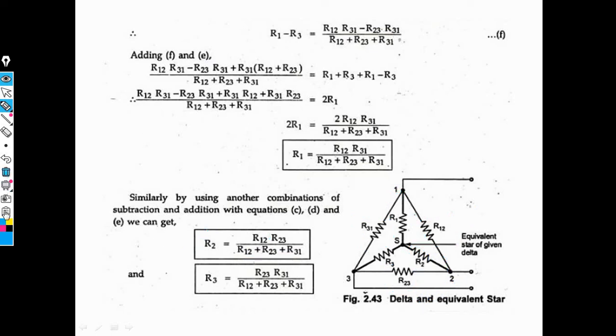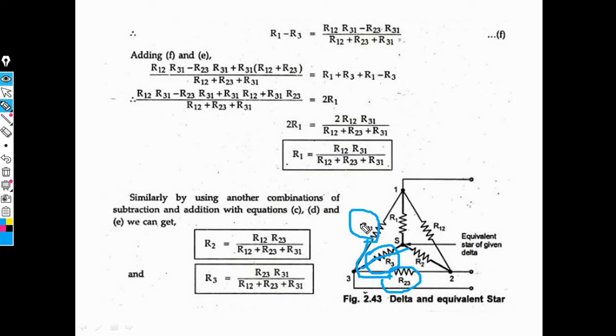Okay, then similarly for R3, that is resistance R3 is here. This resistance R3 is parallel to the R31 and R23, but both are connected in series.